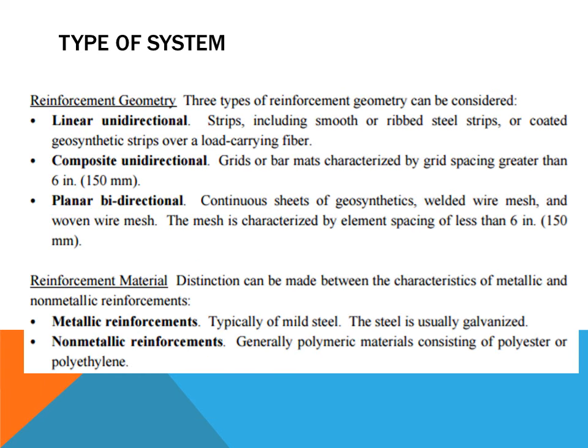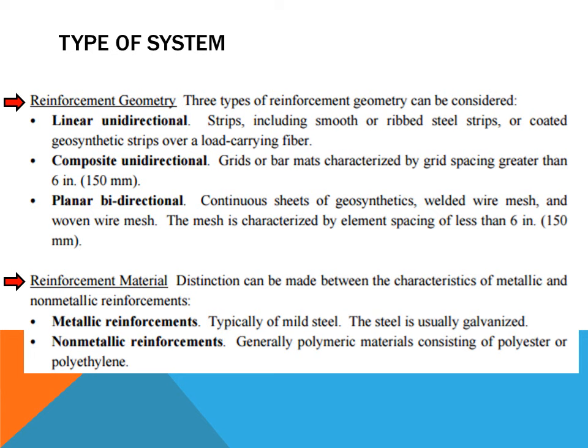Okay, the system types of this MSE wall include the reinforcement geometry, such as linear unidirectional, which includes straight, smooth or ribbed steel strips or coated geosynthetic strips.